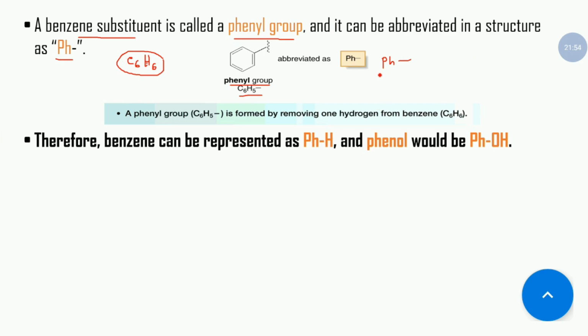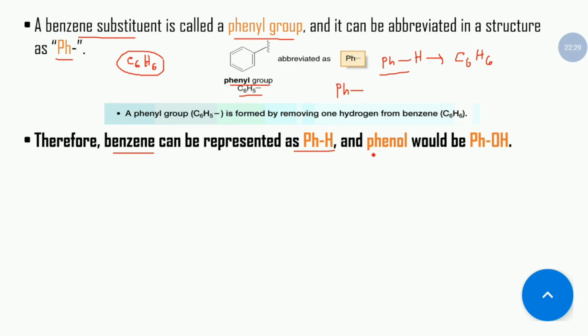So this one is phenyl, and if we add another hydrogen to it, it becomes again C6H6, right? So benzene we can also represent as phenyl single bond H. And for phenyl we just write Ph single bond.